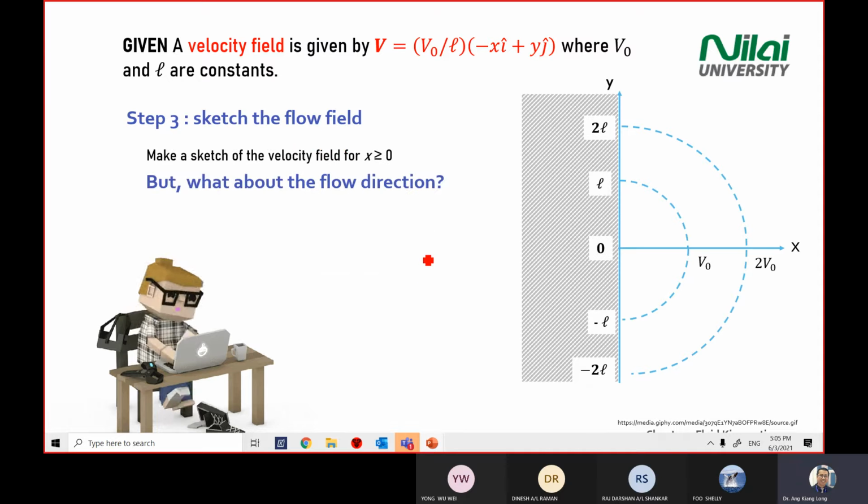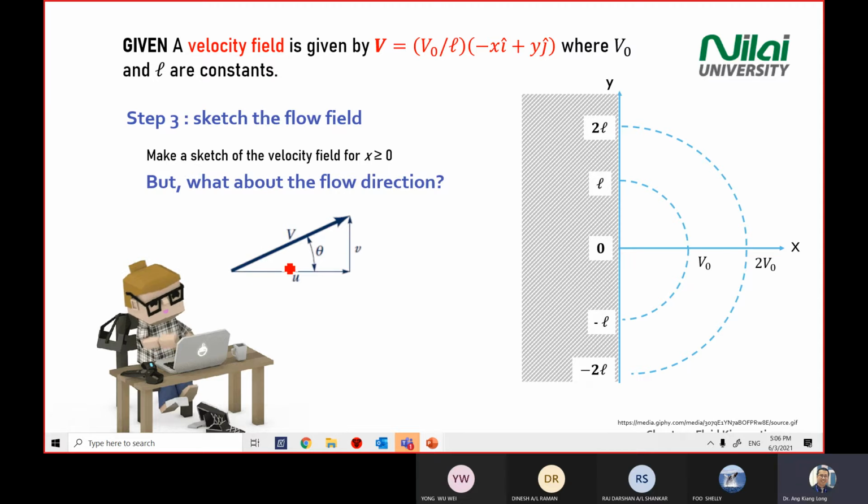Next, we need to put in the direction. We have the flow field already, a template for this equation. So we need to draw the flow direction. So recall trigonometry. You know that your resultant vector V you can draw in this way, a vector with direction and magnitude. You can expand to x direction and y direction.